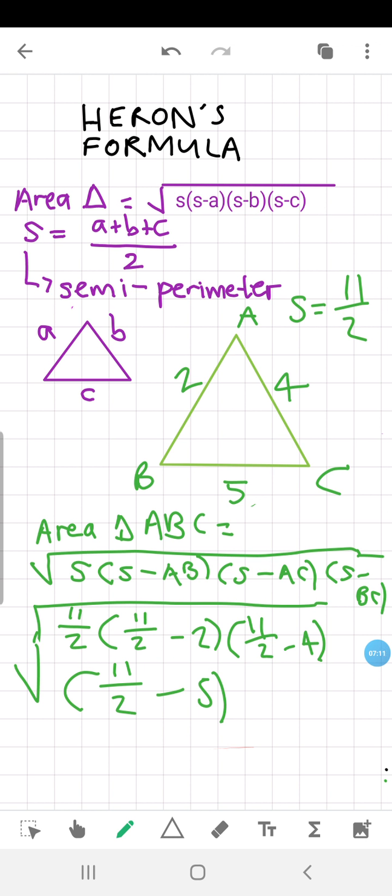Okay, let me just key that into my calculator. 11 over 2 multiplied by 11 over 2 minus 2, 11 over 2 minus 4, 11 over 2 minus 5.